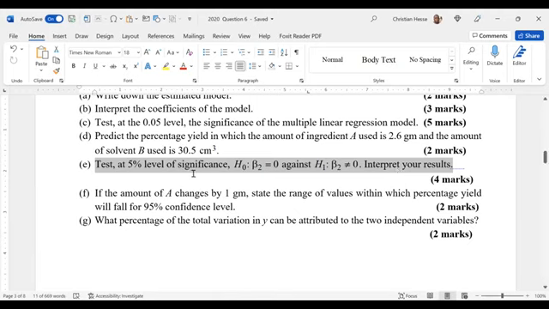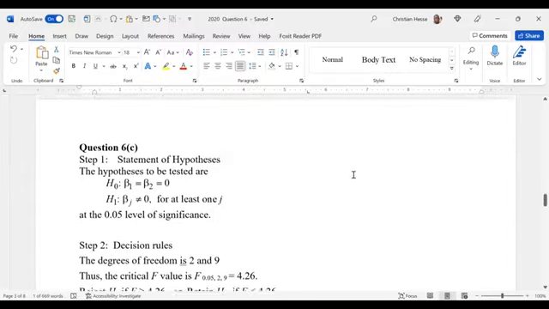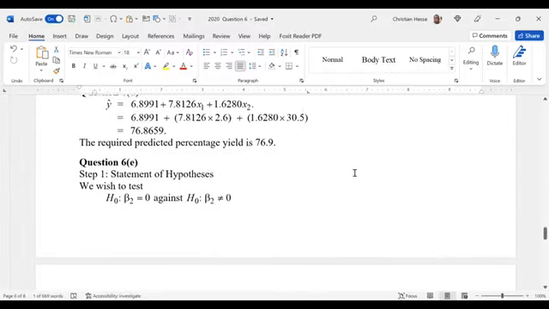So we are going to test whether X2 is significant in predicting Y. It could have been X1, in which case we would be testing the significance of beta 1. So luckily, the hypothesis has been given to you already. So that's step one. Step one is given by the question already.